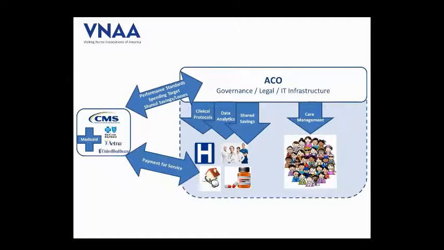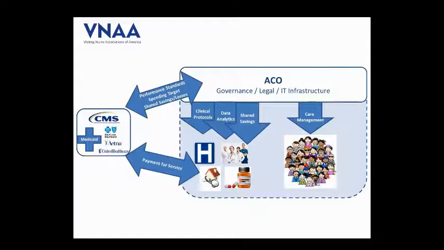One other thing to note that is different between ACOs and managed care organizations are the patient populations that ACOs are responsible for. ACOs are assigned a group of patients to manage. And what that means is these are not enrollees. These individuals are not necessarily bound to get all of their care from the ACO.